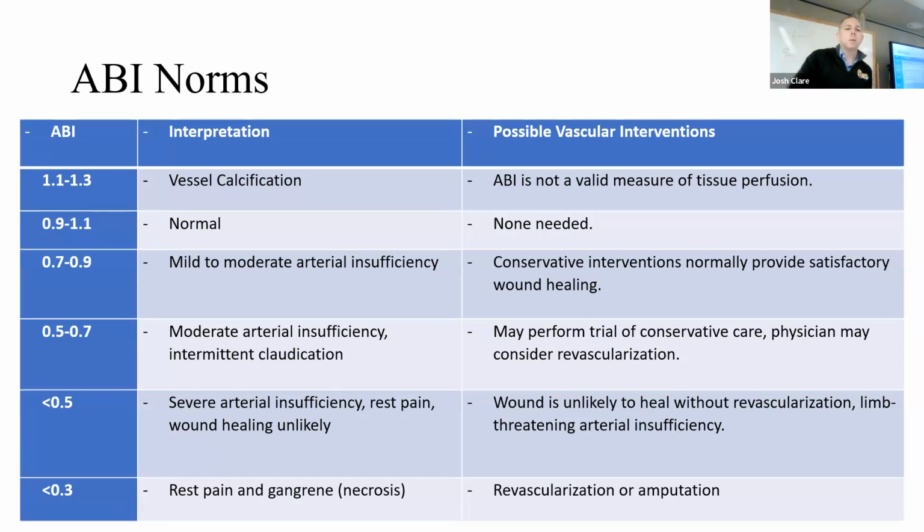It's in the possibilities. Less than 0.5, wound healing is unlikely. Now, this person's definitely a surgical candidate, potentially limb threatening, and then less than 0.3 is you're an amputation candidate now at this point.